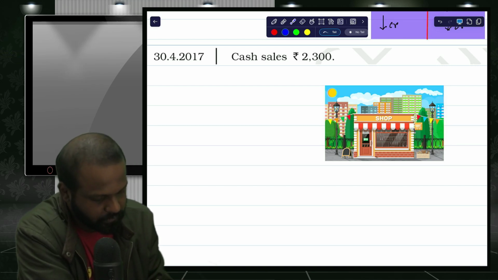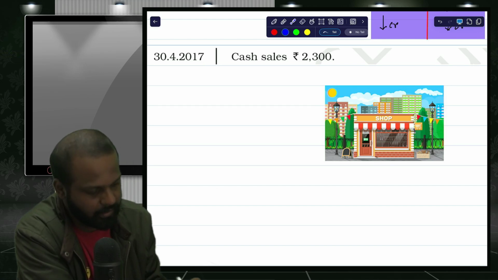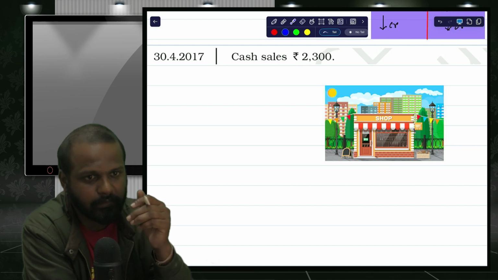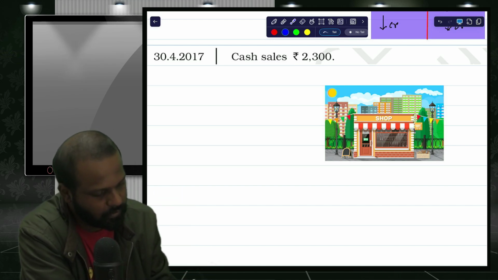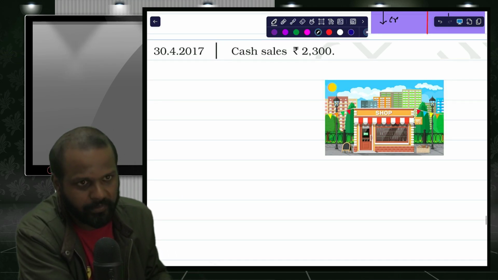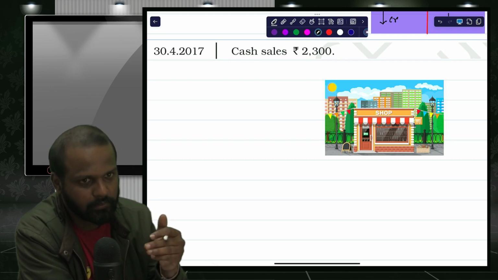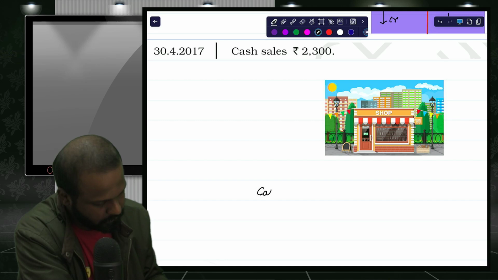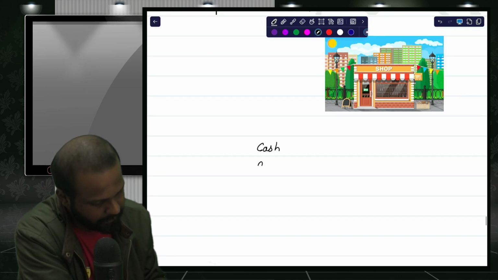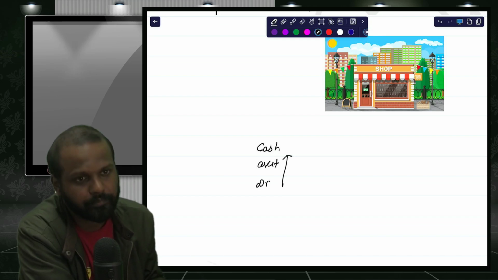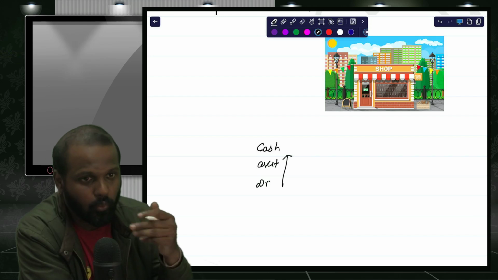See the next transaction. On 30th April, cash sales. Cash sales means goods sold for cash. So think from the business point of view: if you sell the goods for cash, first cash will come into the business. Cash is an asset. Asset increases, we do debit. Goods will go out.